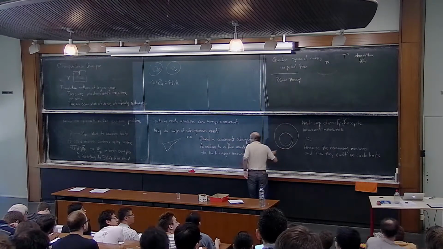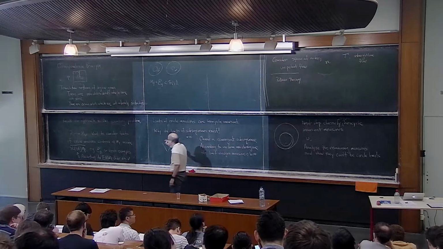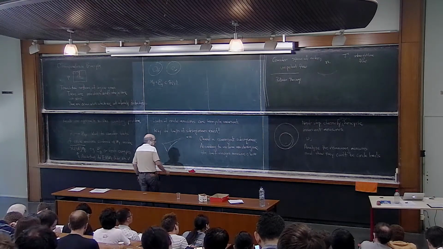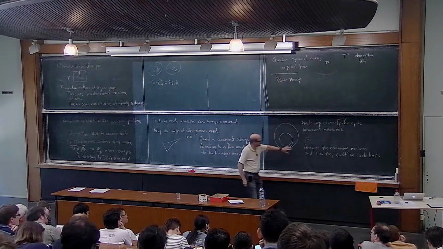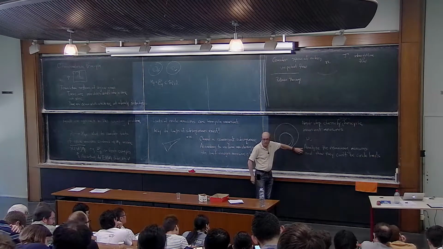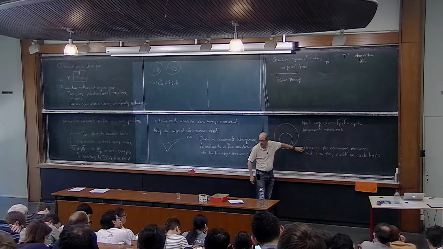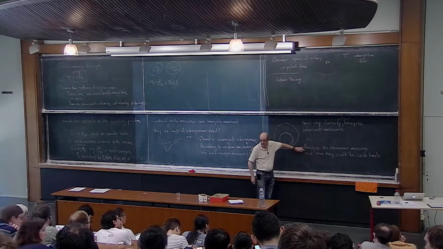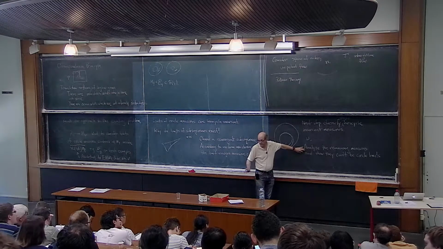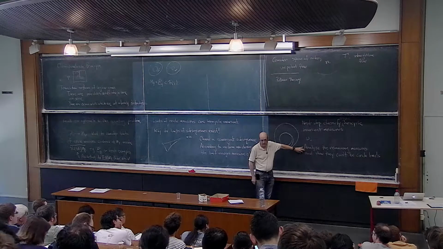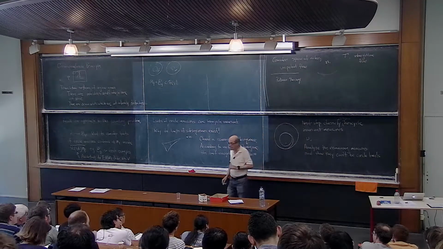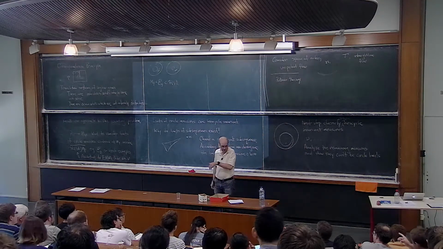Let me just mention, I don't really have time for this, but to show that certain measures can't be circle limits, Barak almost gave this argument in the special case of SL2R mod SL2Z.